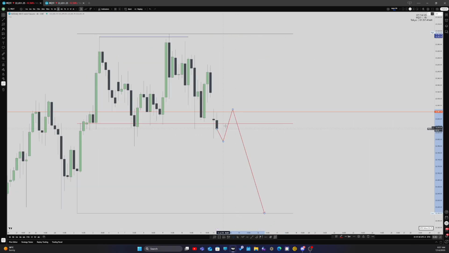Because if price comes back into the gap and closes above it, comes down, takes this low, comes back into the gap, we use this level as support, we will see this gap closed.